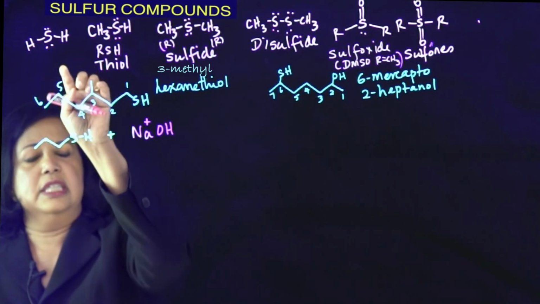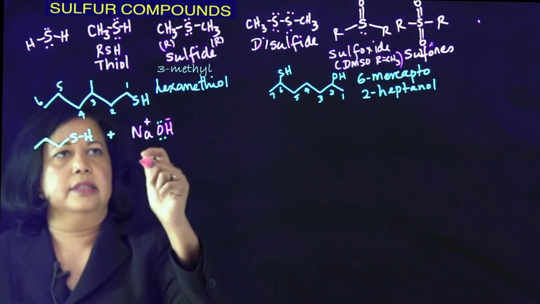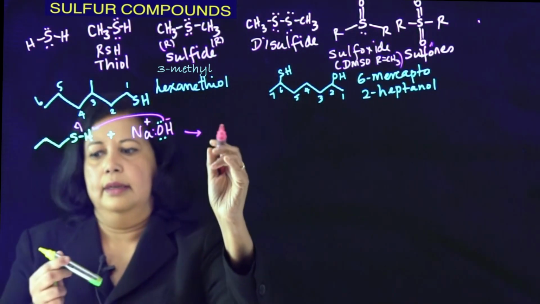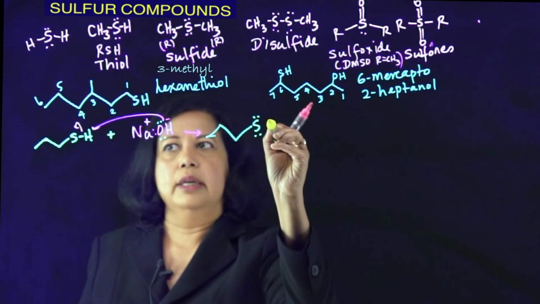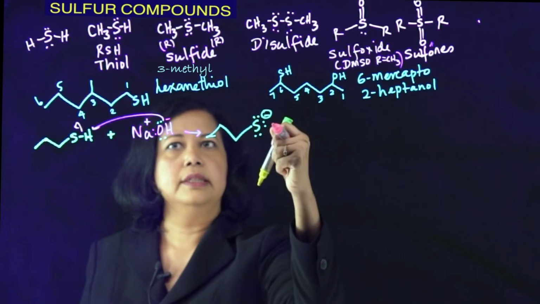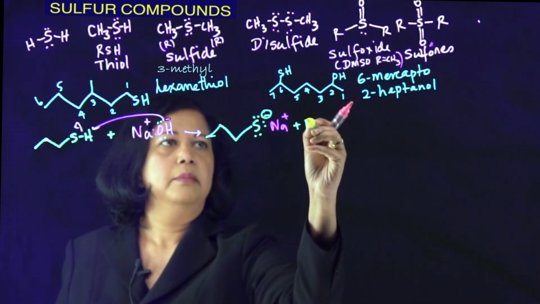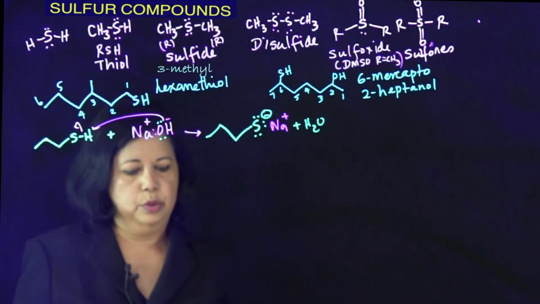SH, this is actually slightly acidic. So this is going to come in and deprotonate that, and you will make a weak nucleophile into a strong nucleophile now. This is a really good nucleophile, one of the most powerful nucleophiles out there, plus water. So now you can take this and do SN2 and so on.